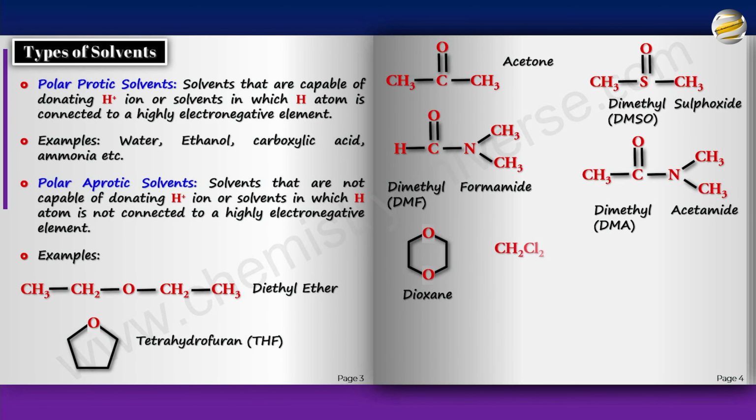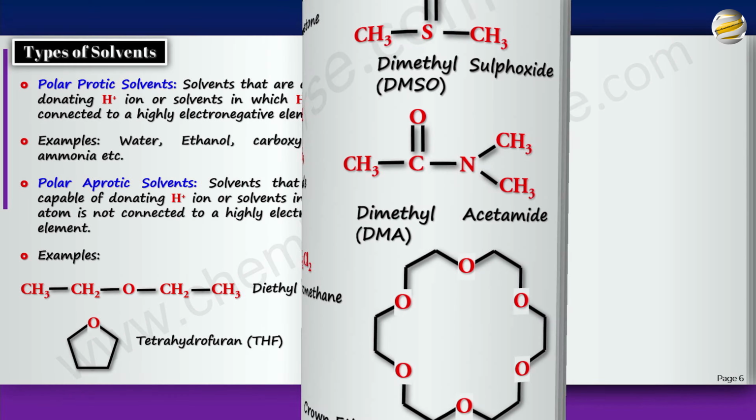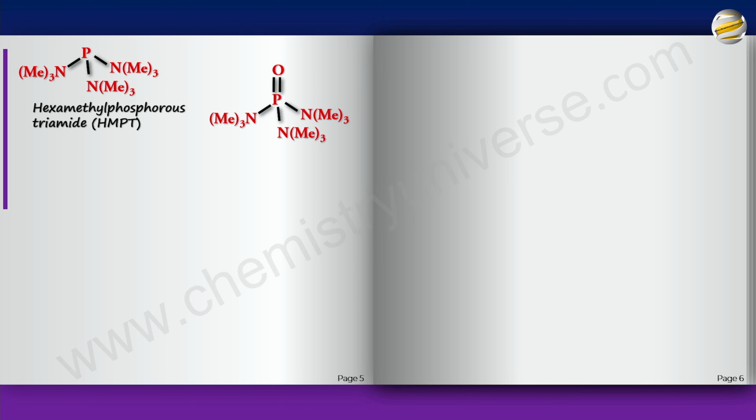You have dichloromethane, and you have crown ethers. There are various types of crown ethers. And then you have HMPT, also known as hexamethyl phosphorus triamide, and its oxide called hexamethyl phosphoramide or HMPA. So you got to remember the names and the formulae.